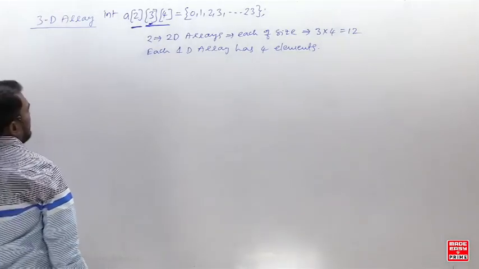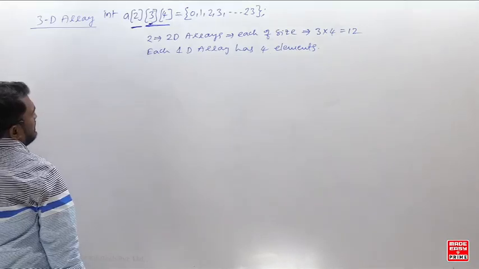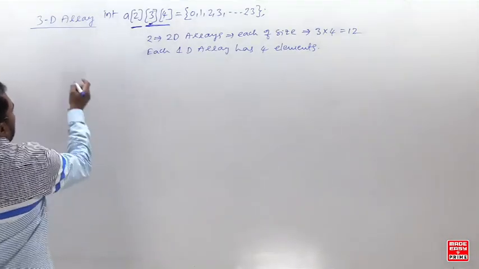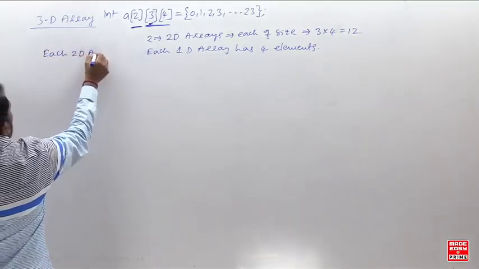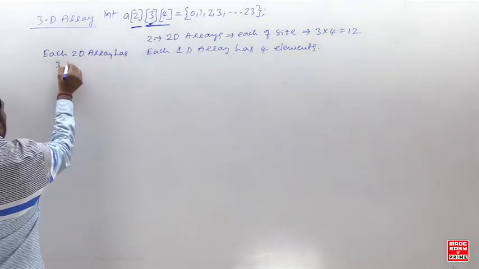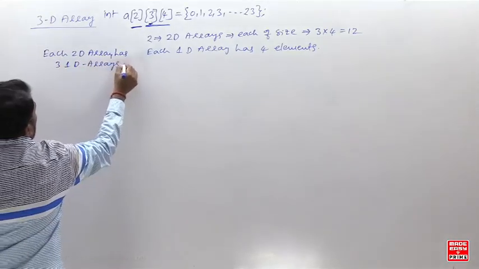Each 2D array has what? 3 1D arrays. Write properly: each 2D array has 3 one-dimensional arrays.